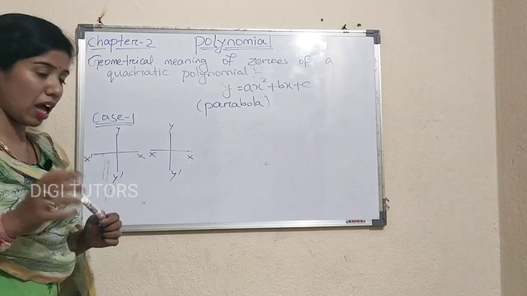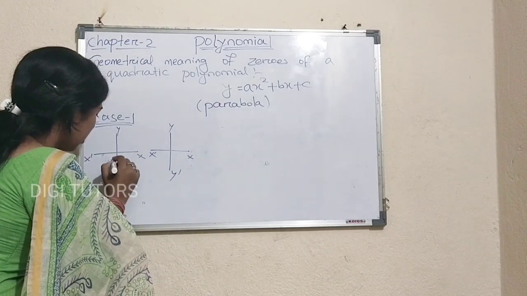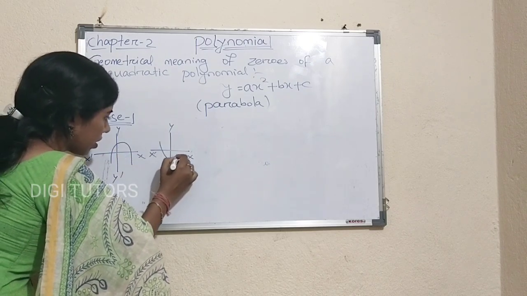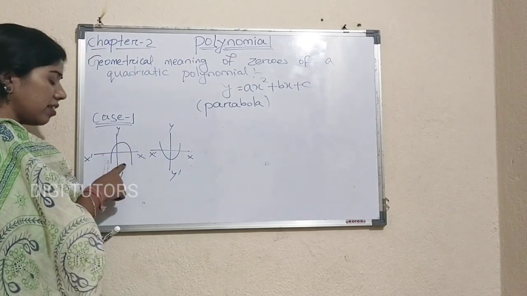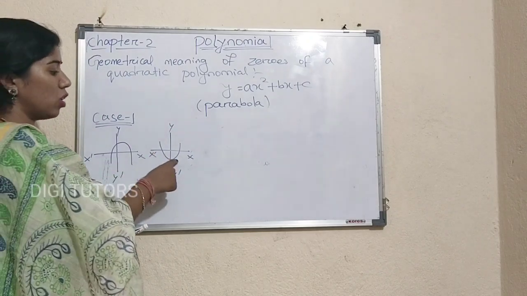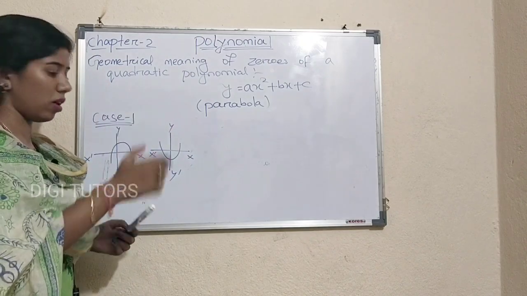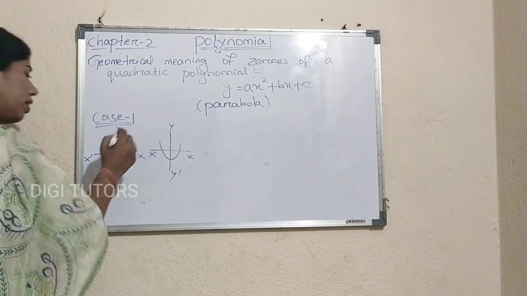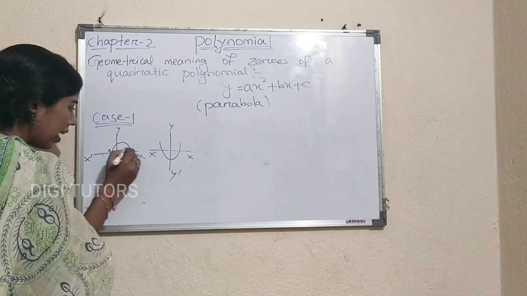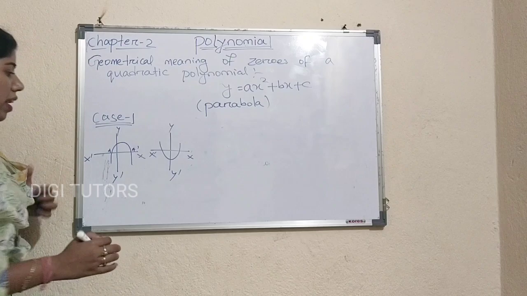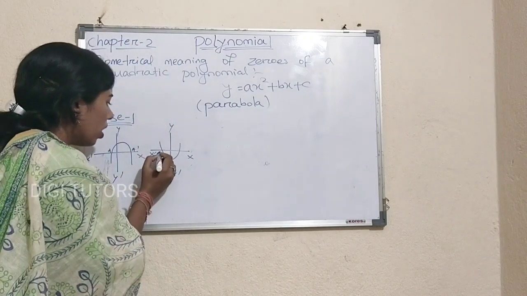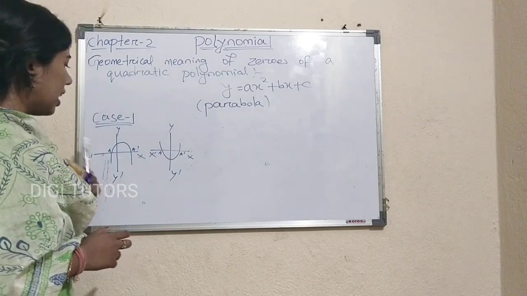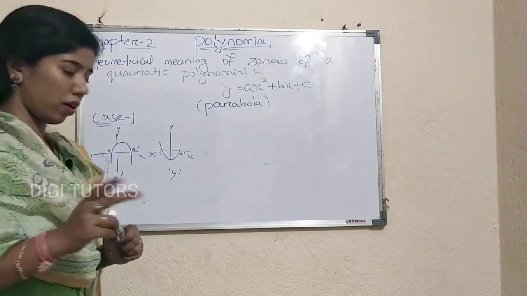When we plot the graph, this one is an open downwards parabola, this one is an open upwards parabola. Here the x-axis is cut at 2 points. We name the points A and A dash, and here also A and A dash.